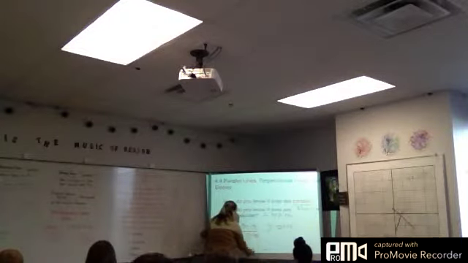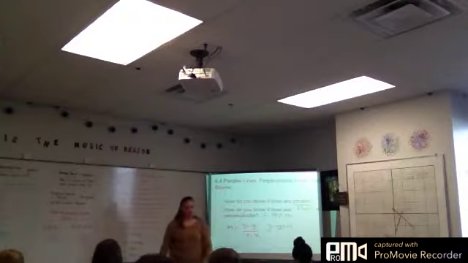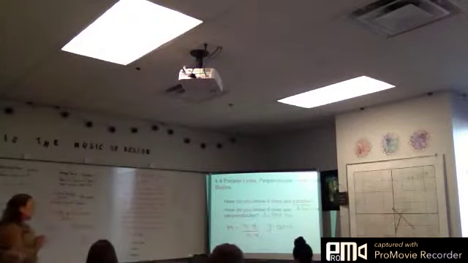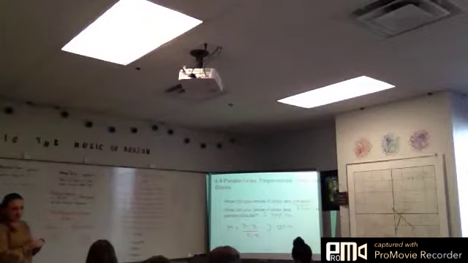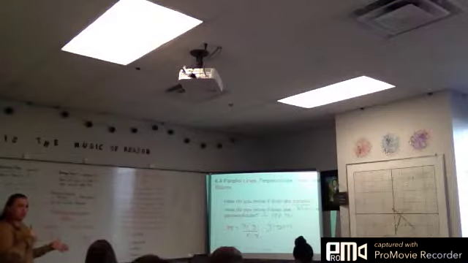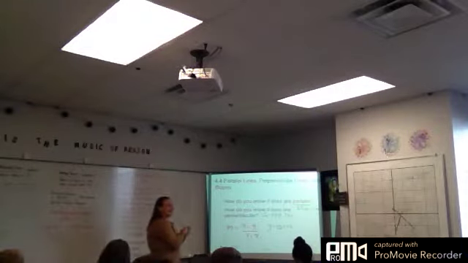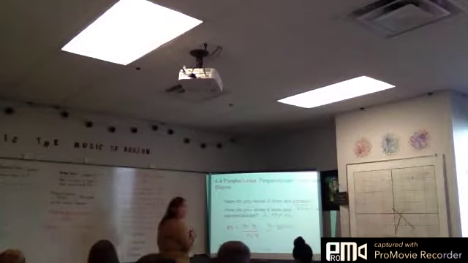You guys cannot just forget algebra because we are in geometry. You are using algebra in geometry. You will use algebra in every math from here on out. Slope is change in y over change in x, rise over run. We're sparking some memories here now.